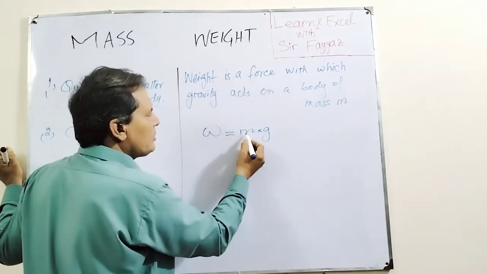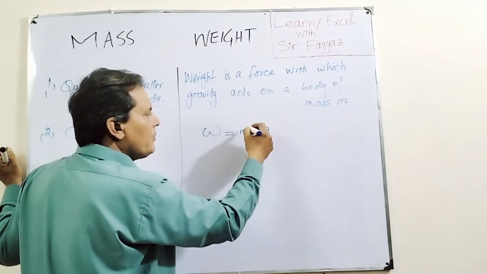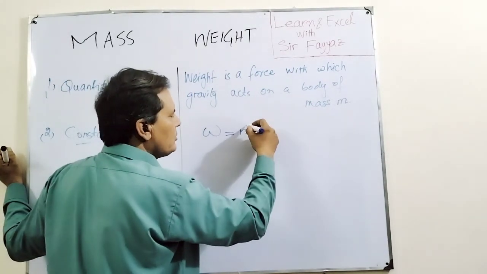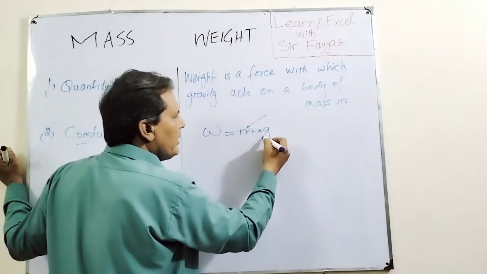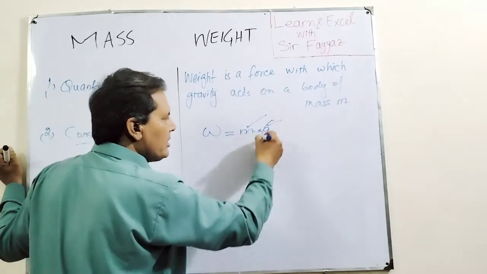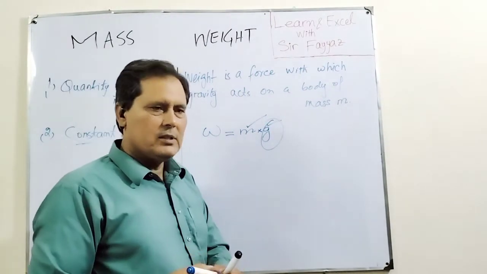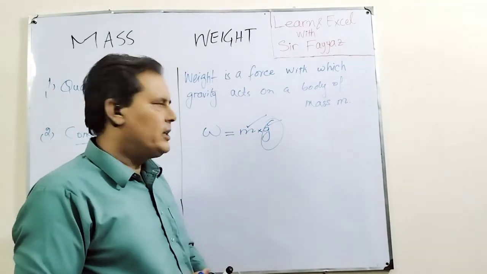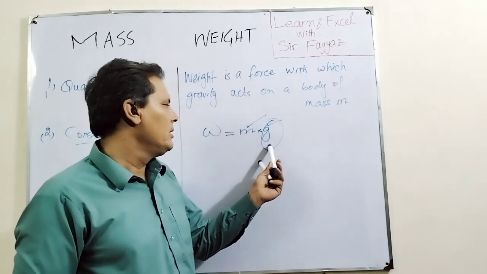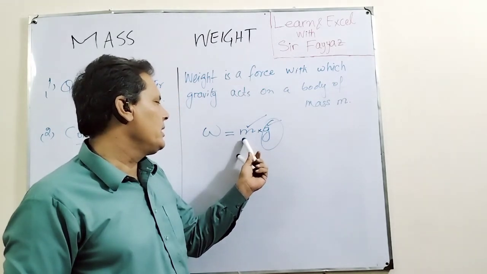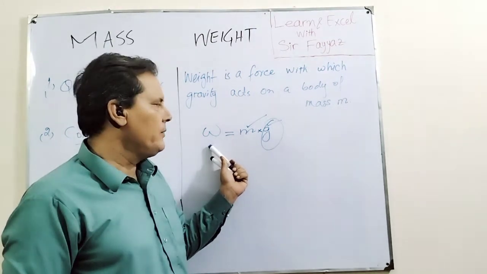It means weight depends on two things, mass times gravitational acceleration. If m is fixed, weight mostly depends on the gravitational acceleration g. If a body is at the surface of earth where the value of g is around 10 meter per second square, you multiply that value with the mass of the body, and you get the weight of the body.